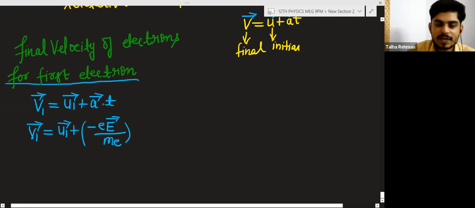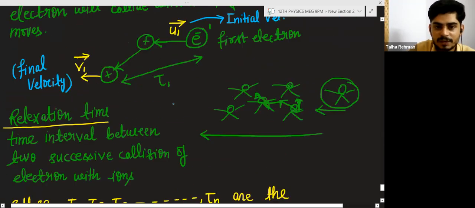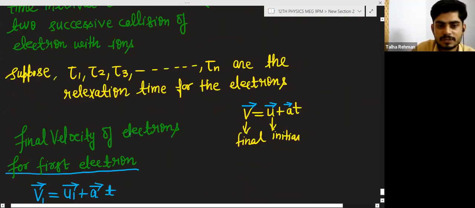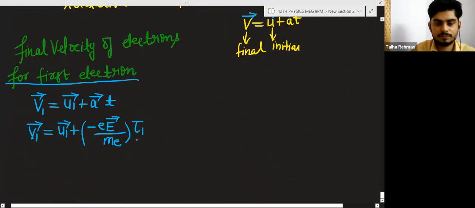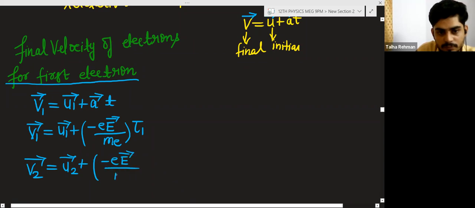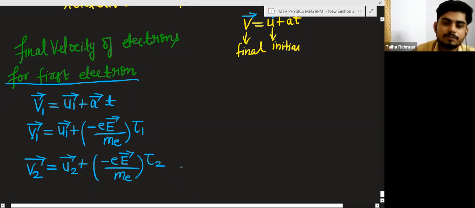And what is the time for the first electron? Tau1 is the time. So this is the expression for the first electron. For the second electron you can write similarly; acceleration is the same, and instead of tau1 you will write tau2.